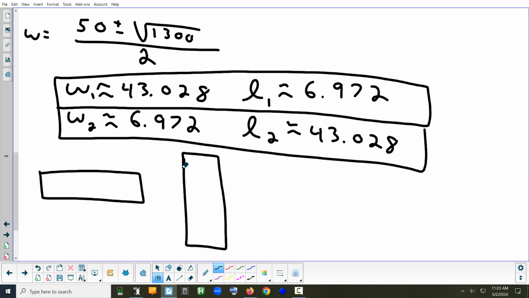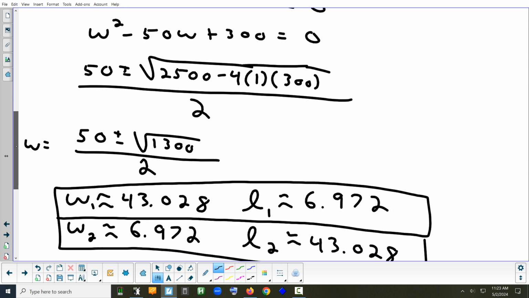We're just saying we have one rectangle with a width of 43 and a length of 6.9, and one with a width of 6.9 and a length of 43. You could visualize the rectangle however you want, but those are your 2 answers.